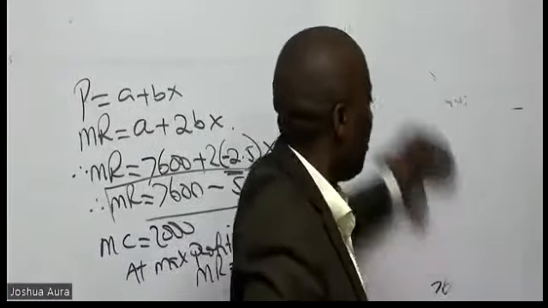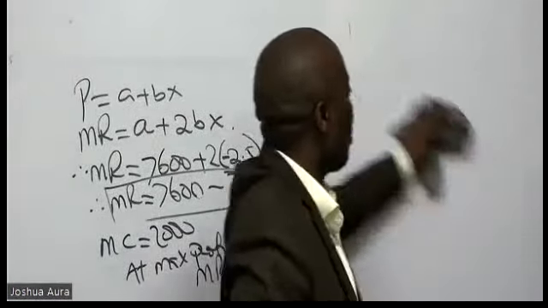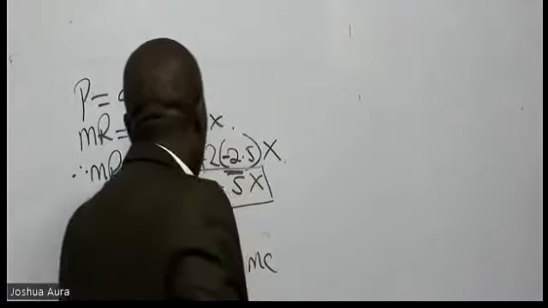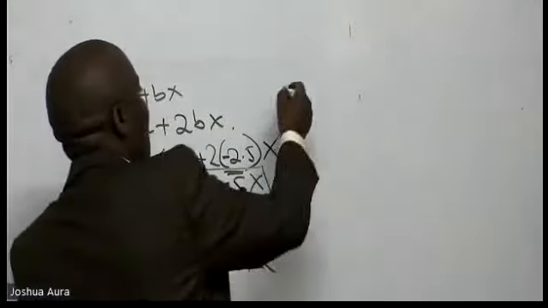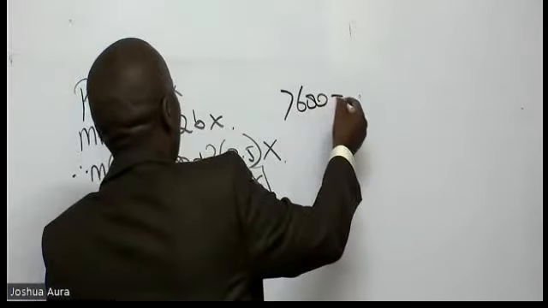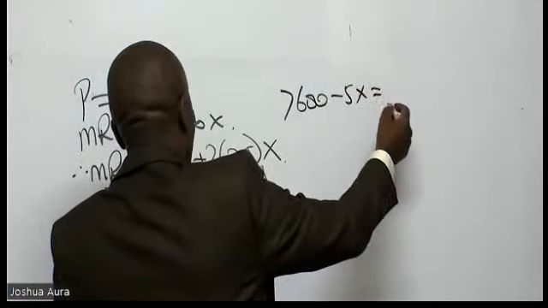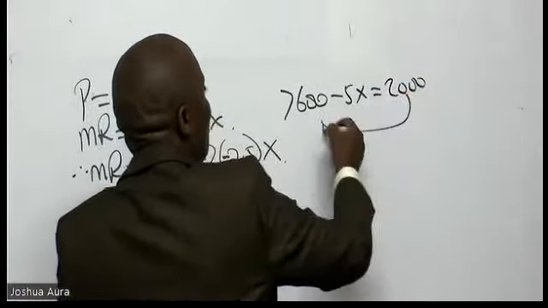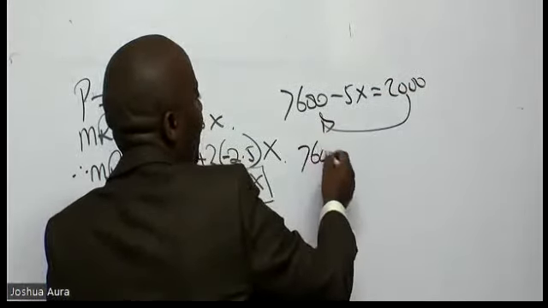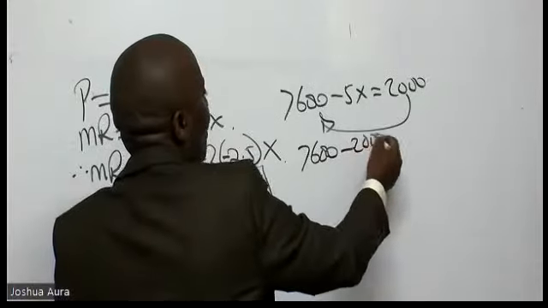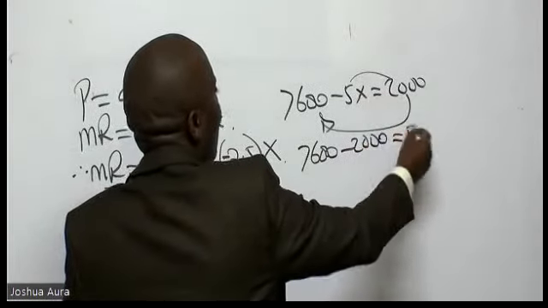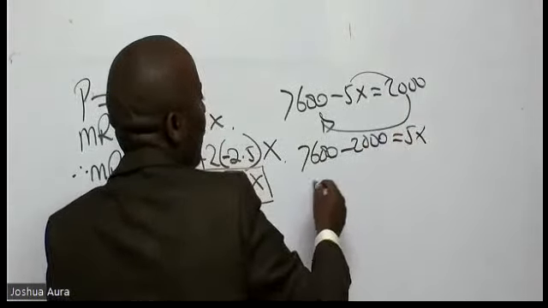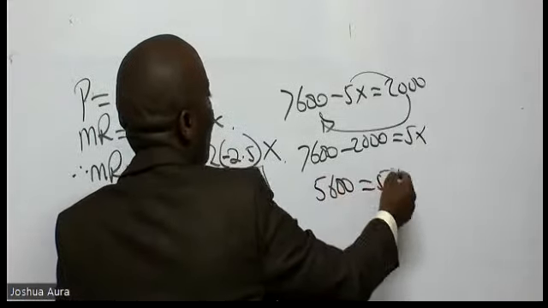Marginal revenue now is 7,600 minus 5X, which should be equal to marginal cost of 2,000. So bring this here: 7,600 minus 2,000 equals 5X. So this will be 5,600 equals 5X.